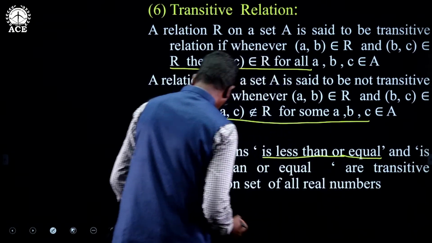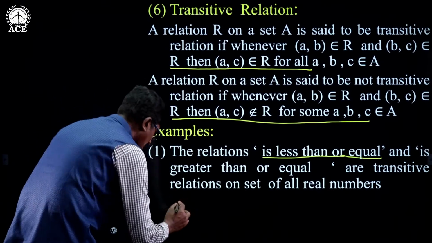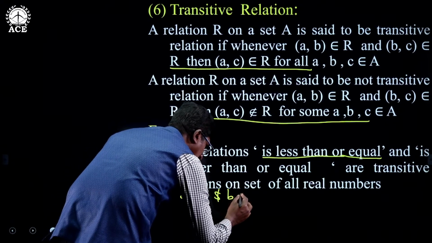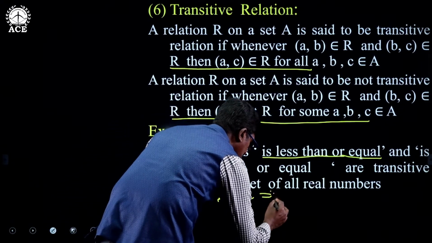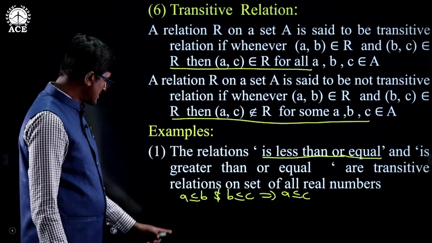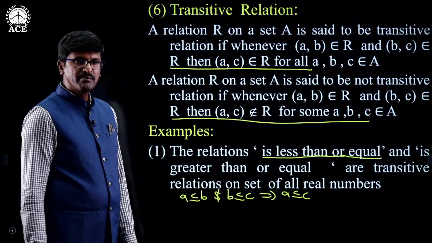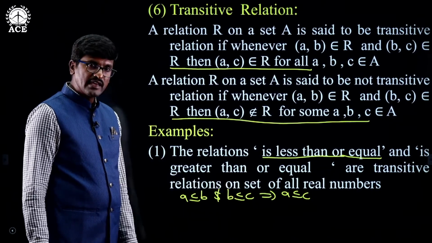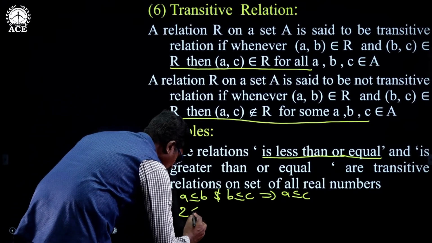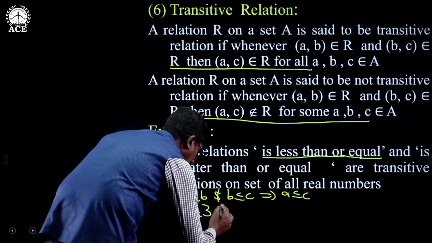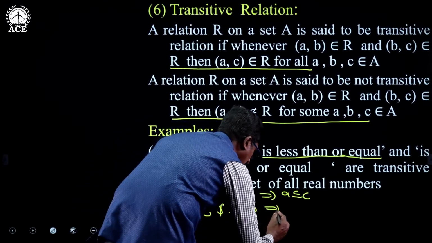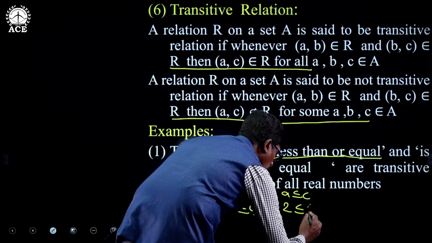If A is less than or equal to B and B is less than or equal to C, then A must be less than or equal to C. For example, 2 is less than or equal to 3 and 3 is less than or equal to 4. This implies 2 is less than or equal to 4.